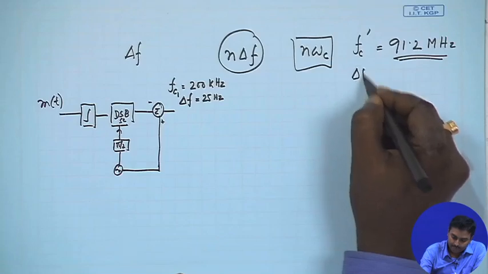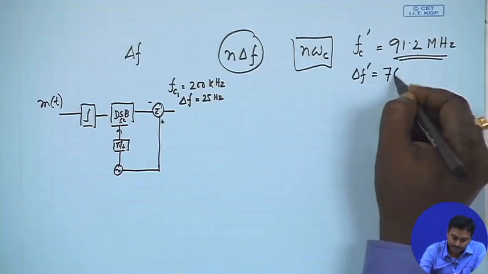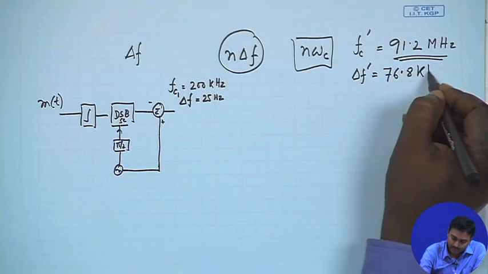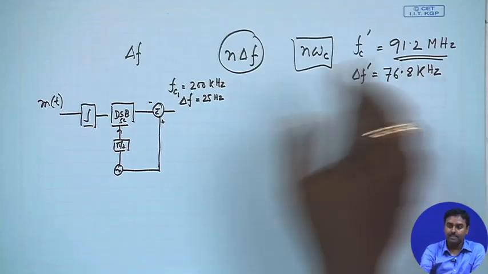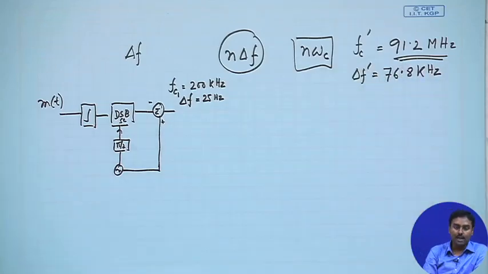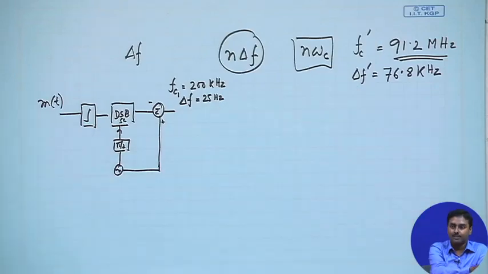And there del f dash is also specified, that it is 76.8 kilohertz. So, that is the frequency deviation that I want. Okay. This is actually taken from an actual example. That is exactly what deviation they have at 91.2 FM.